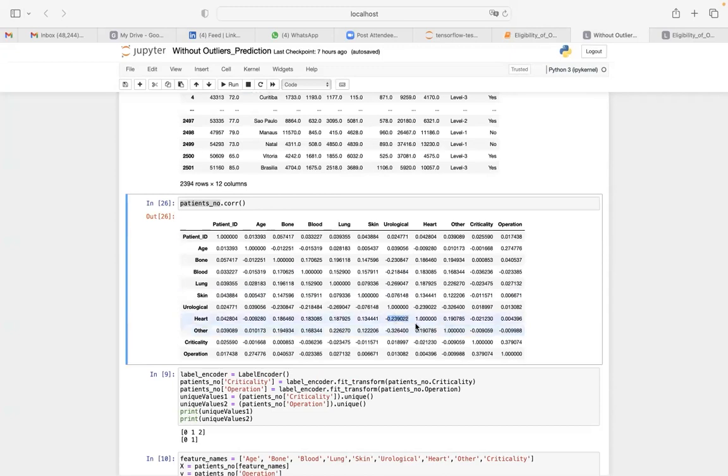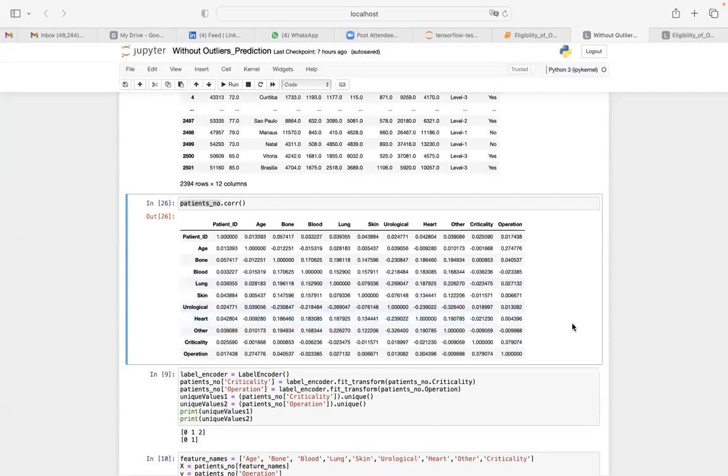Okay, now the next thing is to check if it has improved in terms of multicollinearity or not. If it is a urological column, and if it is making a change after removing those outliers in comparison to other variables, then obviously you need to remove one of the two variables.